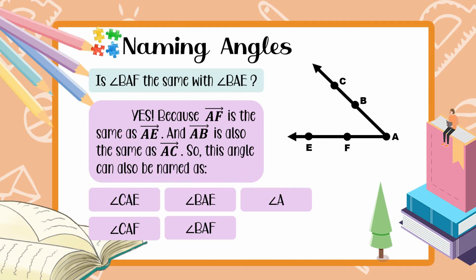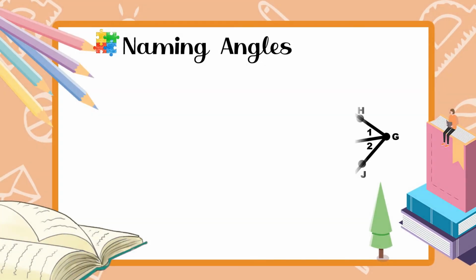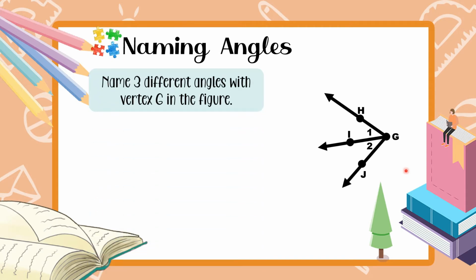Next. We have here this angle, and these are the questions for this angle. Let us name 3 different angles with vertex G in the figure. So, ang kailangan natin ay yung merong vertex G. Ito yung vertex G. So, ano-ano daw yung angle na may vertex G? The first one is angle HGI.